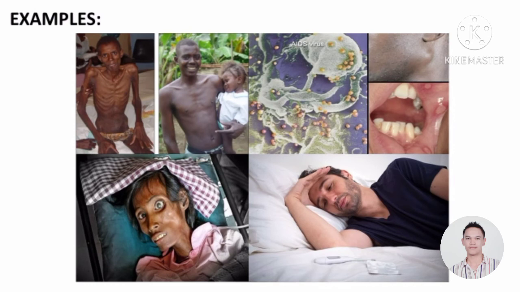HIV infection is caused by the human immunodeficiency virus. You can get HIV from contact with infected blood, semen, or vaginal fluids. Most people get the virus by having unprotected sex with someone who has HIV. Another common way of getting it is by sharing drug needles with someone who is infected with HIV.